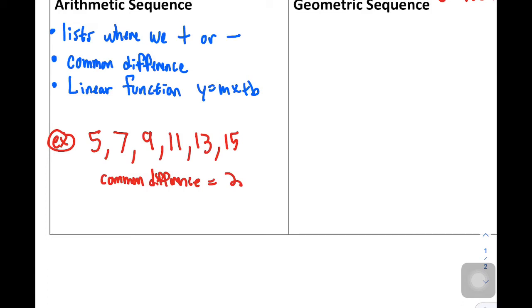And we'll be able to see a lot more clearly just how arithmetic sequences are related to linear functions. But for today, let's just figure out that arithmetic sequences are lists where we're adding or subtracting. This one is an adding one, where our common difference was 2. And arithmetic sequences will make linear functions.